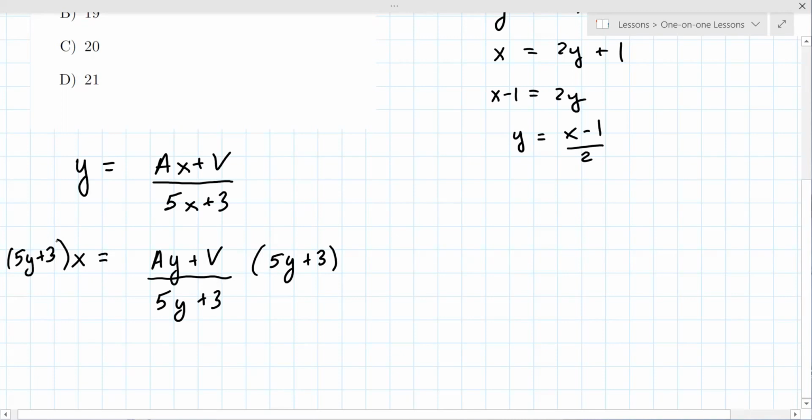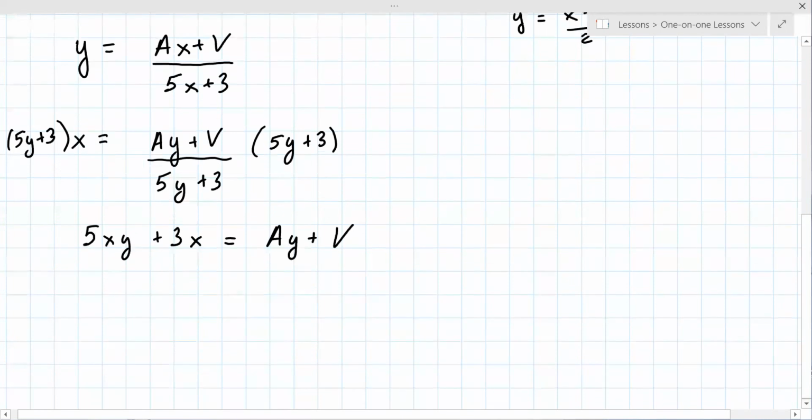On the left, I'm going to distribute the x into both terms, so it's 5xy plus 3x equals, on the right side, ay plus v. If you've gotten this far, it's a little more manageable. Your goal is to get all the y's on one side, so subtract the ay and move the 3x over.